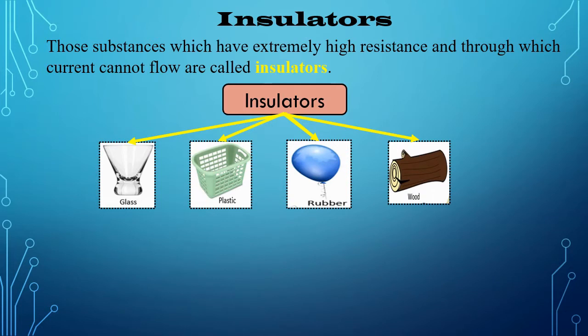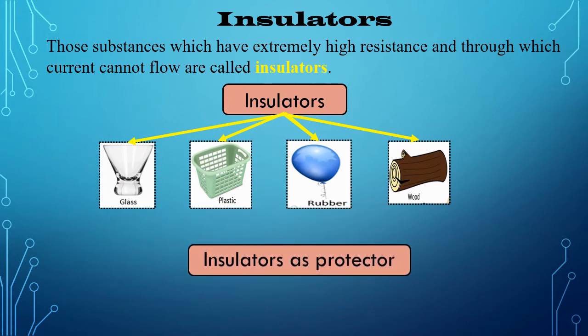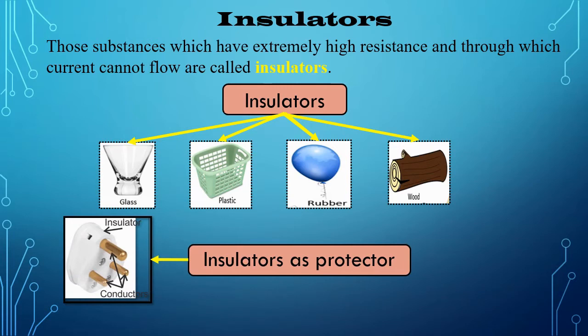Insulators are used in electrical equipment to support and separate electrical conductors without allowing current through themselves. Insulators are mainly used as protectors. For example, plastic is a hard, rigid electrical insulator used to make the plugs and the sockets.